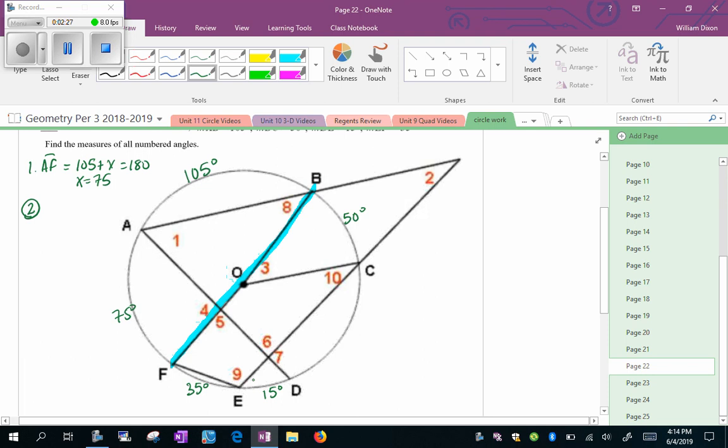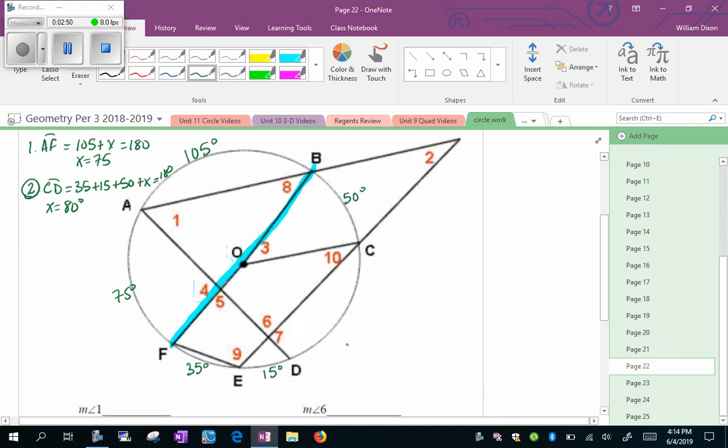So I'm going to set up my equation that marks arc CD: 35 plus 15 plus 50 plus X equals 180. And I know that X equals 80 degrees. So I'm going to put that in there.